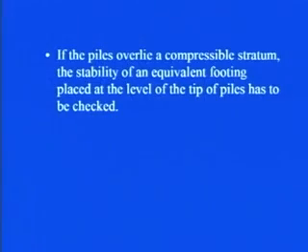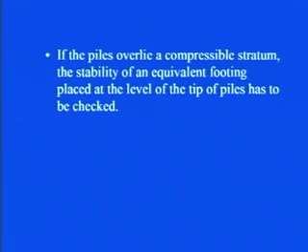So, if the piles overlie a compressible stratum, the stability of an equivalent footing placed at the level of the tip of the pile has to be checked. Overlying a compressible stratum means that the soil strata is poor in nature; it can be clay of high compressibility or it can be loose sand, but here we are talking of pile groups in sand.